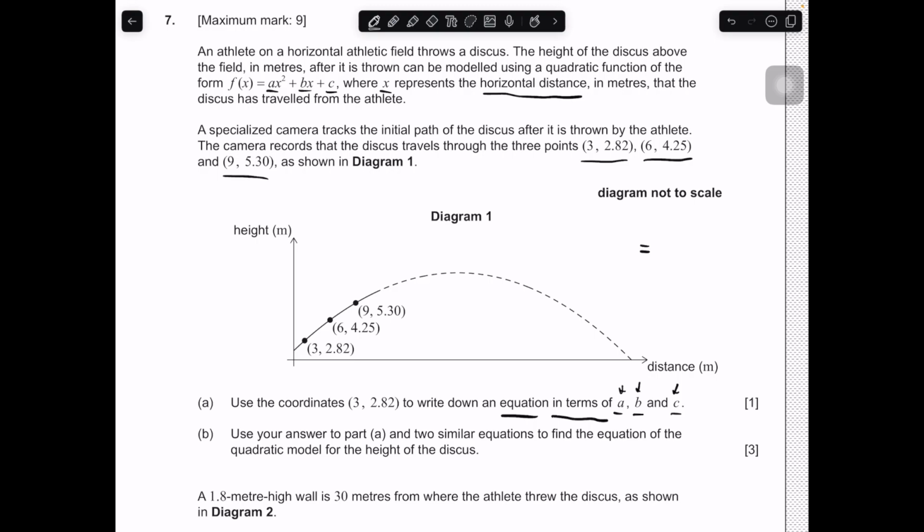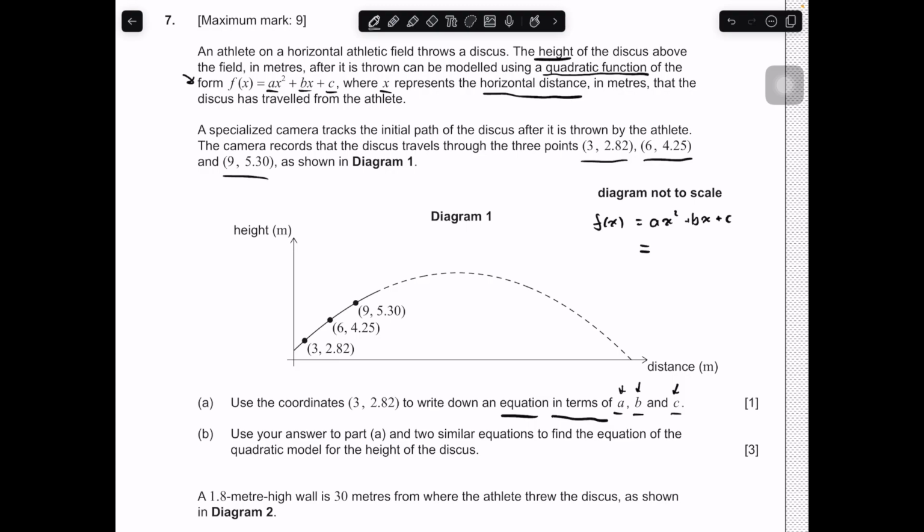So in this first part, they told us that the height of the discus can be modeled by some quadratic of the form ax squared plus bx plus c. So we have this form of f of x, which is our output, is equal to ax squared plus bx plus c. And what is f of x? The height, right?